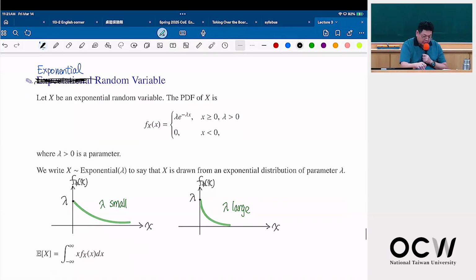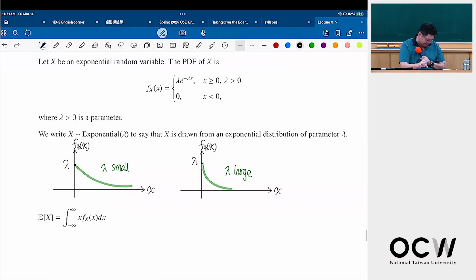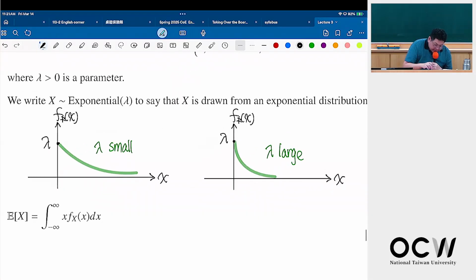Let's find the expectation. Consider all possible outcomes times their corresponding weightings. Here we have values from 0 to infinity, x times lambda e to the minus lambda x dx.